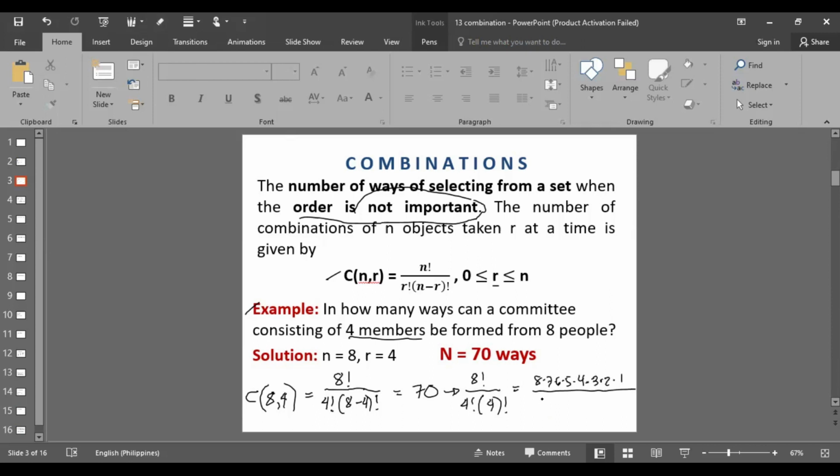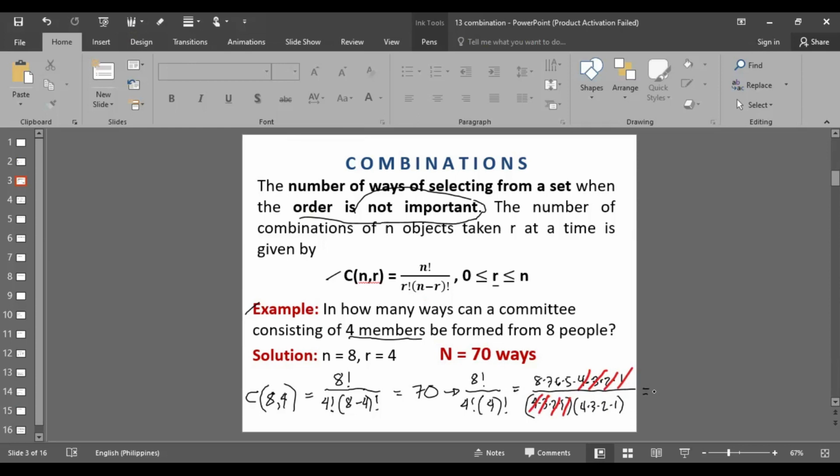And then in the denominator, we have 4 factorial, expand it, 4 times 3 times 2 times 1, then another 4 factorial, 4 times 3 times 2 times 1. And then we cancel out 4, 3, 2, 1 in the numerator kasi meron 4, 3, 2, 1 din sa denominator. And then multiply all the remaining values in the numerator.